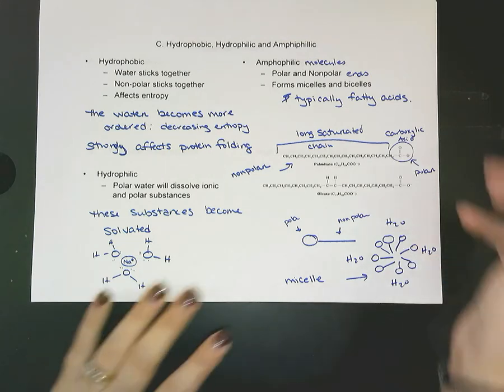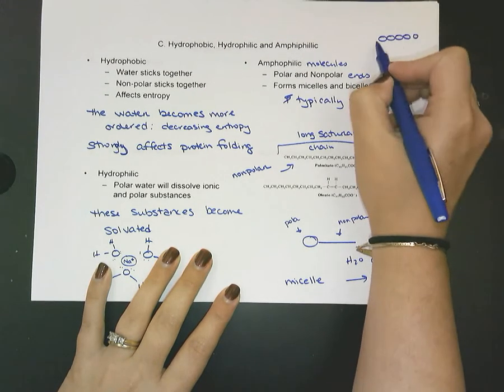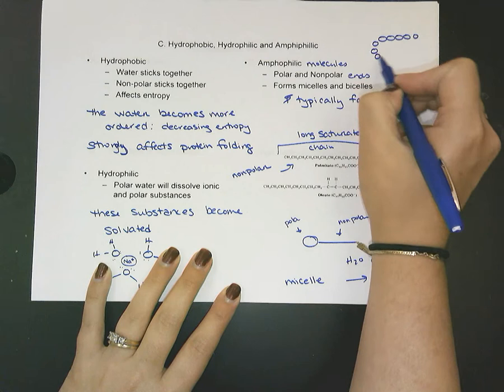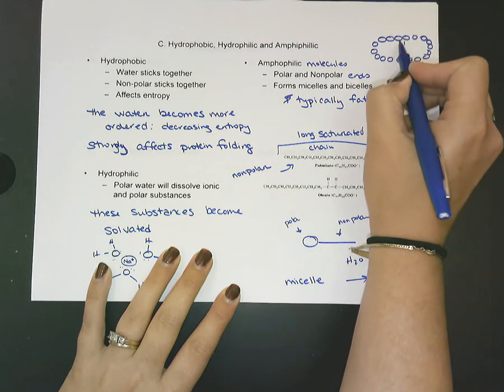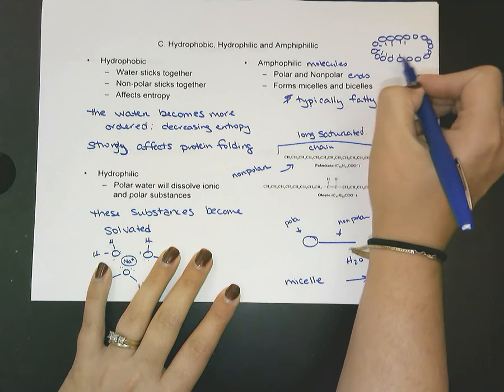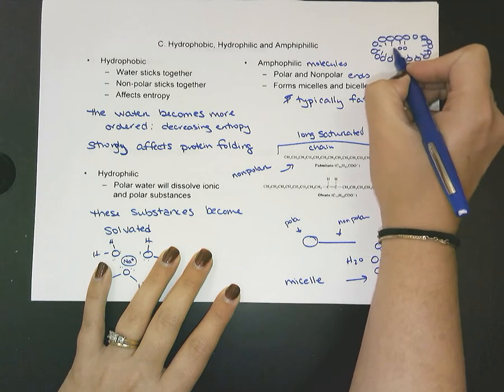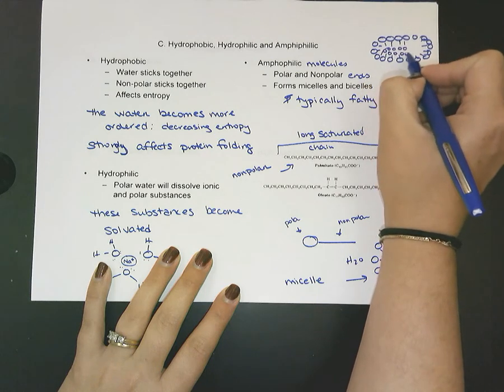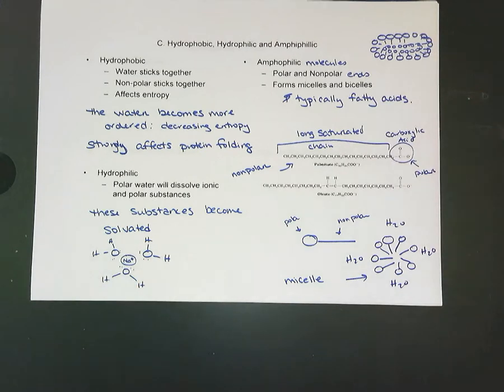If it was going to be a bicell, it actually is going to look more like this. So that structure is about the same. But then it has another group on the inside. So this is more like your cell, where there's an outer fatty acid and an inner fatty acid layer. And the heads are all on the outside and on the inside.